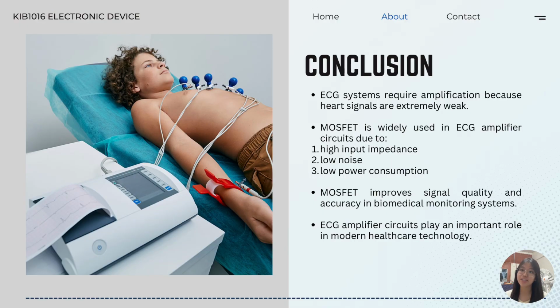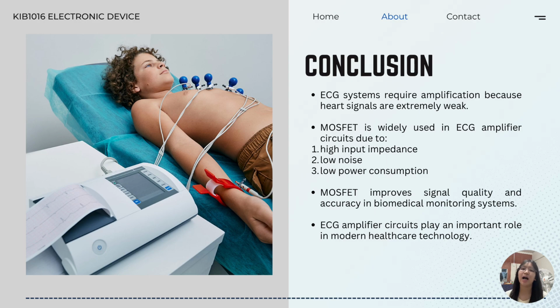In conclusion, ECG signals require amplification because the electrical signals from the heart are extremely weak. MOSFETs play an important role in ECG amplifier circuits due to their high input impedance, low noise characteristics, high sensitivity, and low power consumption.